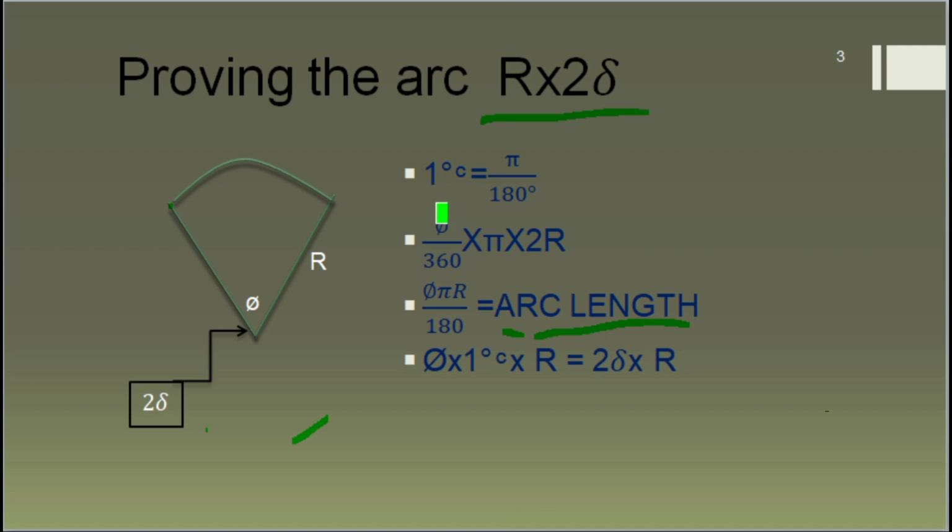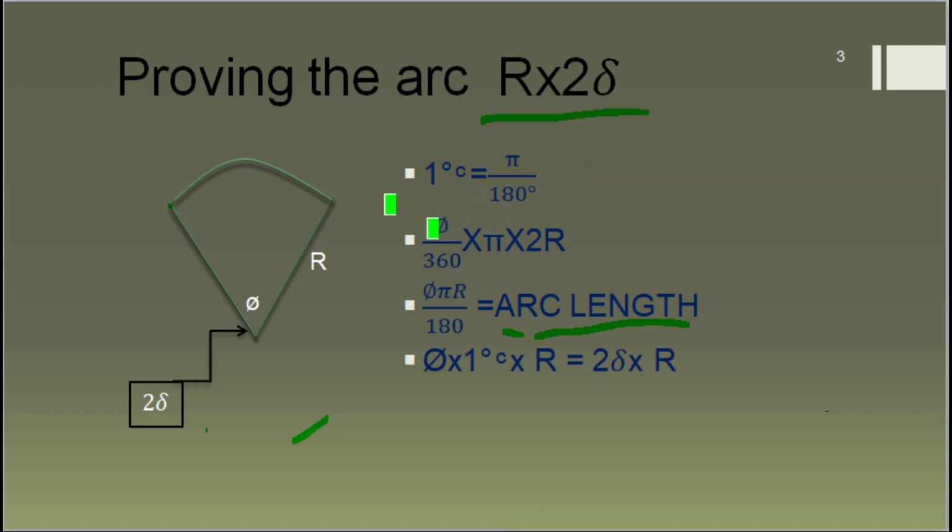By changing this figure, let's say into radians, we used to have pi over 180 degrees equals 1 radian.